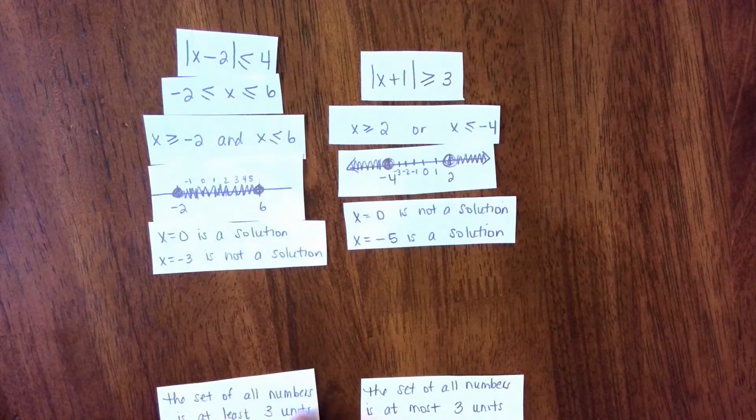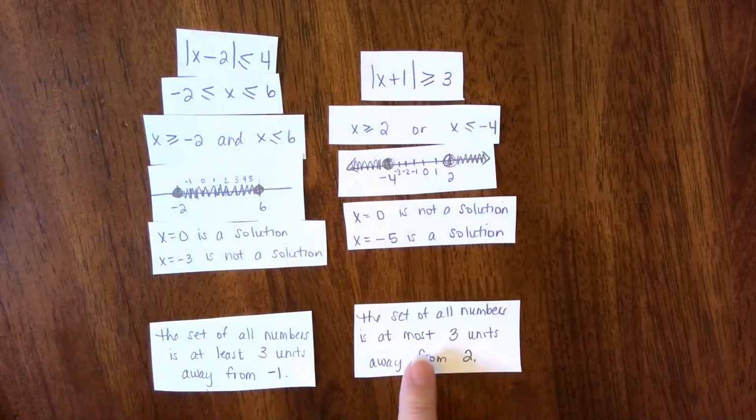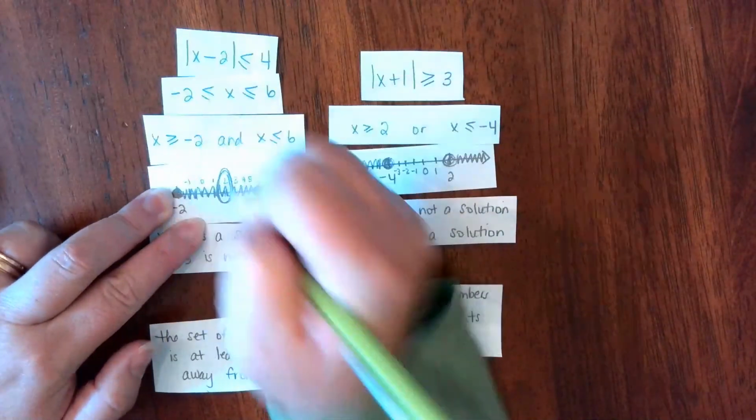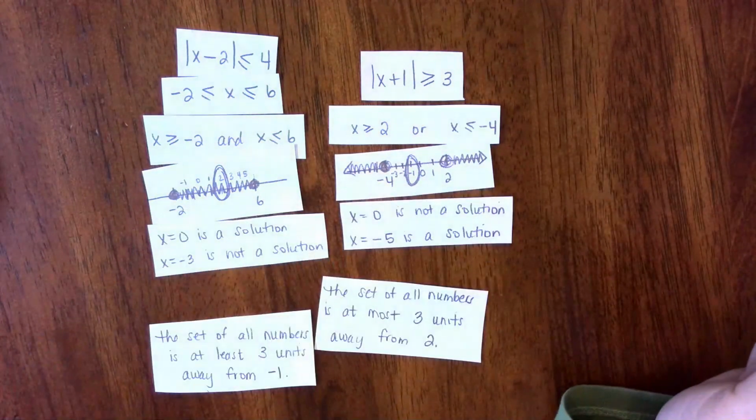So, the set of all numbers is at least 3 units away from -1, and the set of all numbers is at most 3 units away from 2. All right, so what you want to do for these, because these are kind of confusing, look for the center of each of your graphs. So if we're looking for the center, there's the center of this graph, and there's the center of this graph, okay?